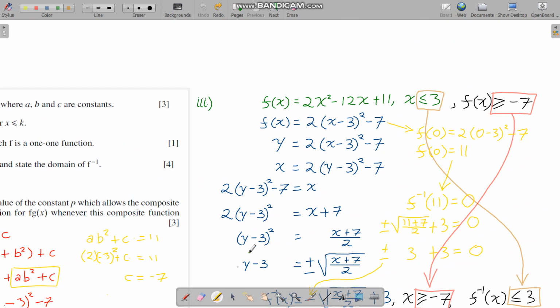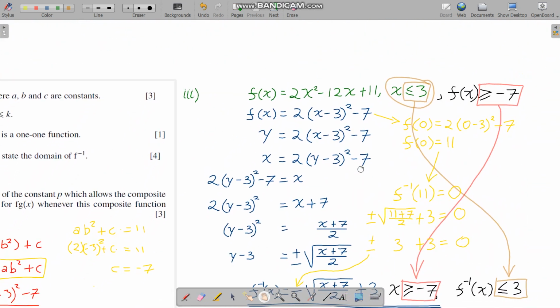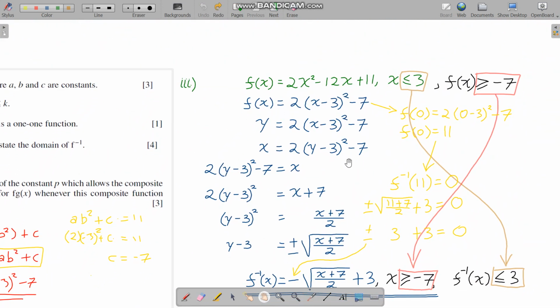So this is the original function, and we know that k is the answer to the previous part, which is 3. And now what we do is we use the completed square form from part 1. We replace f(x) with y, and then we swap the x and the y, and then we solve for y.